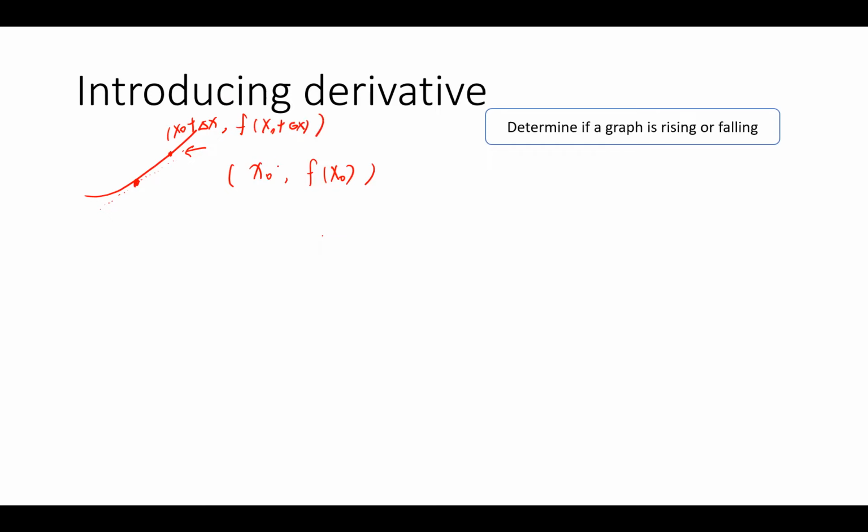So this is the other point in terms of its coordinate. We would then move these points slightly and gradually towards the original point, so that we approach the limit when delta x goes to 0, right? So in definition, this is what it looks like.